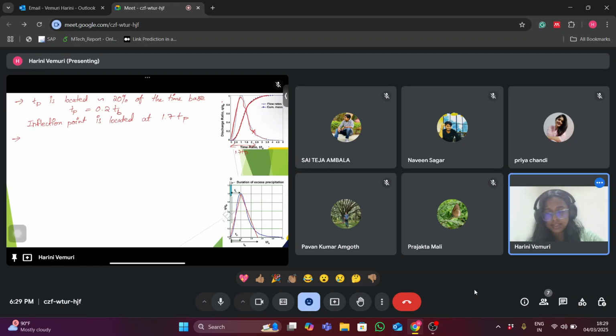The next method we are now going to discuss is the SCS triangular unit hydrograph method.